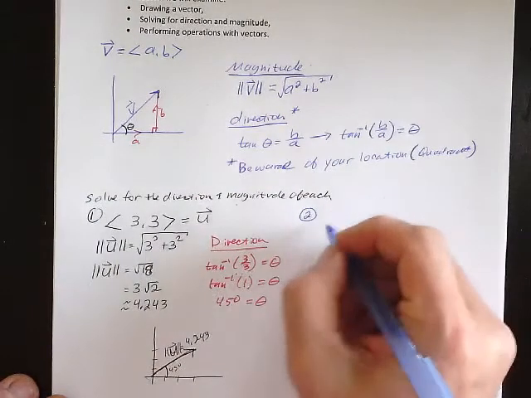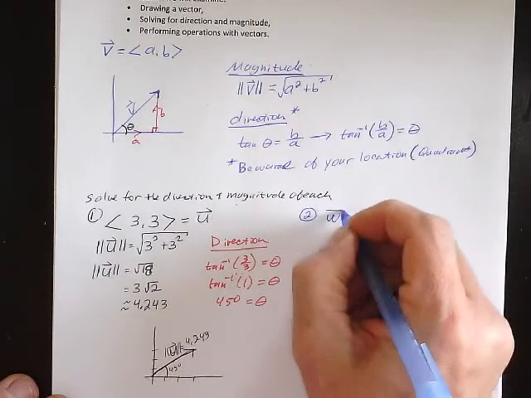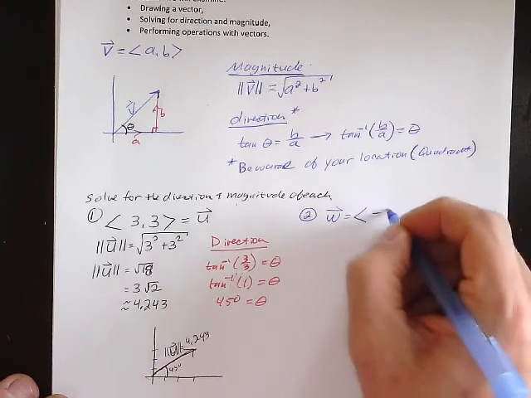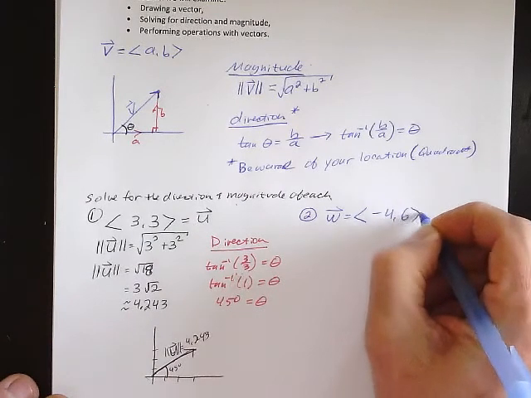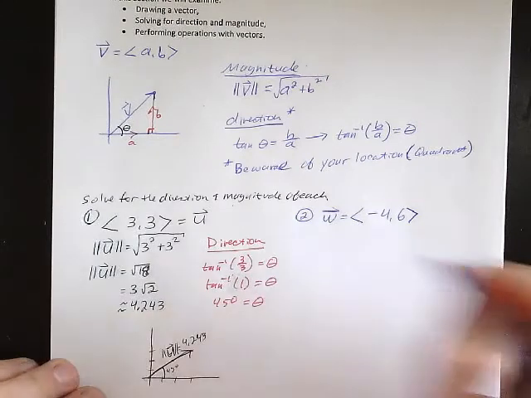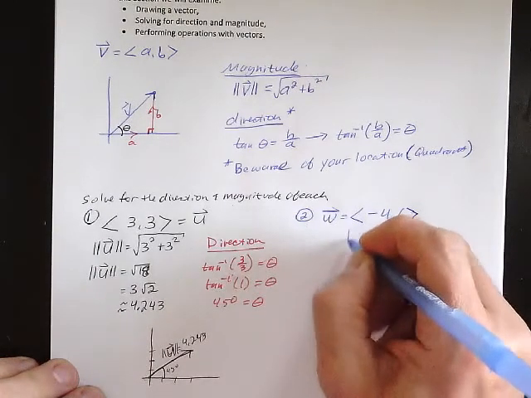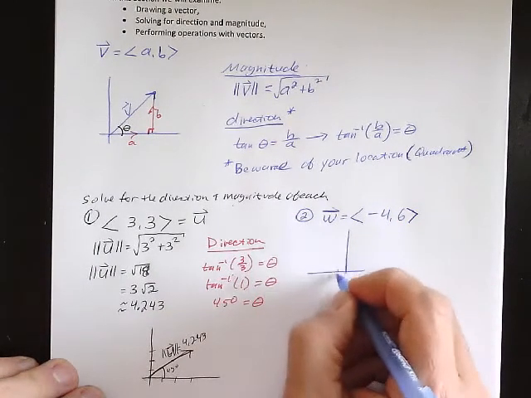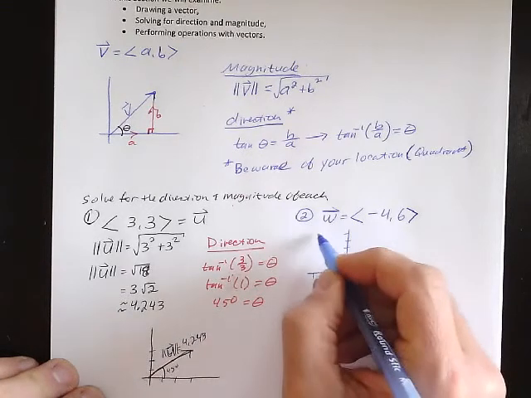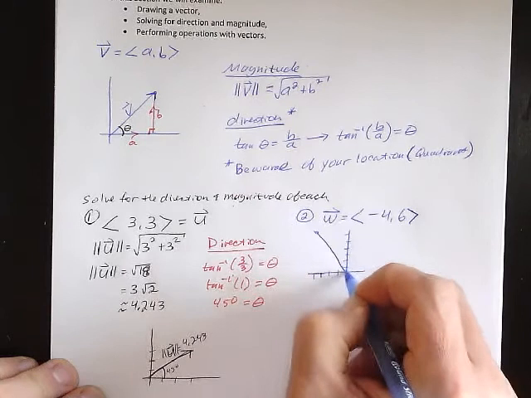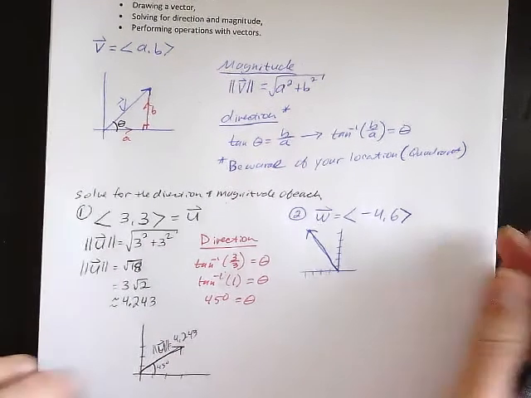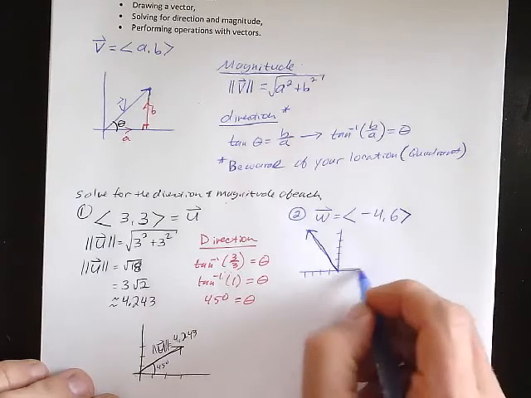Try another one. Vector w has the point <-4, 6>. So there's w.